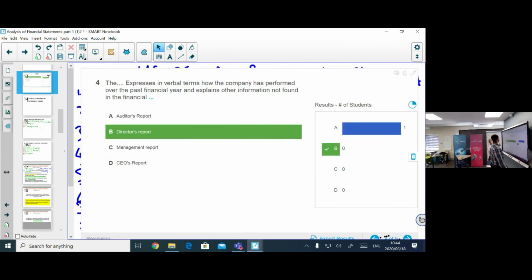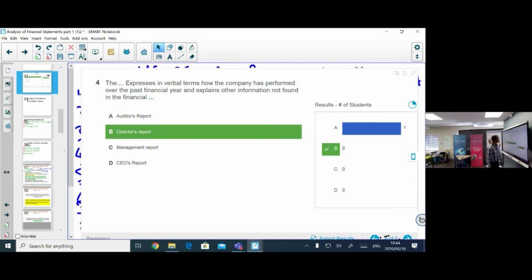And the next one: this statement or report expresses in verbal terms how the company has performed over the past financial year and explains other information not found in the financial statements. All right, that is your director's report.